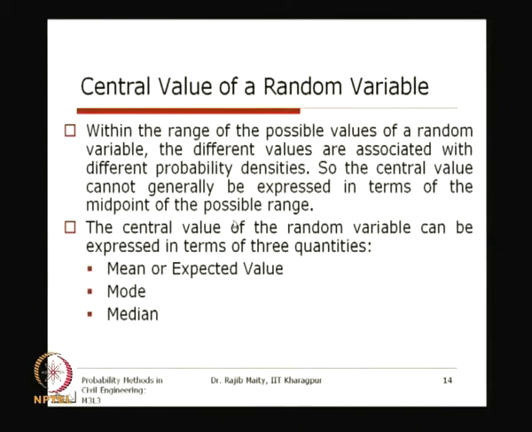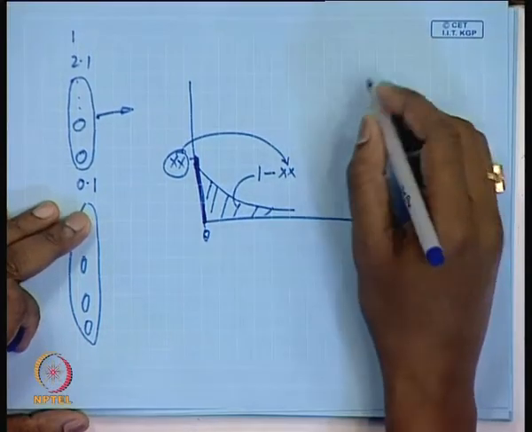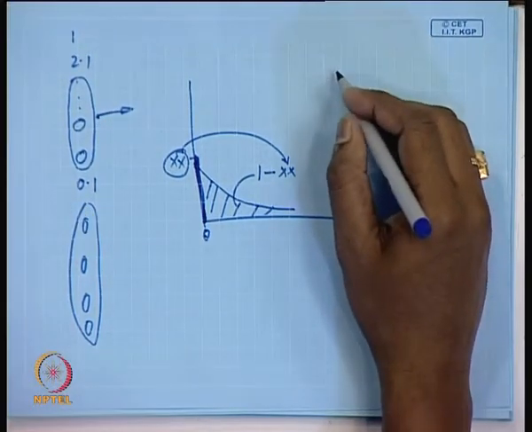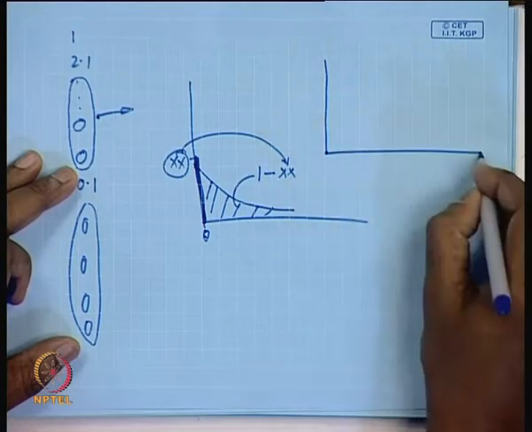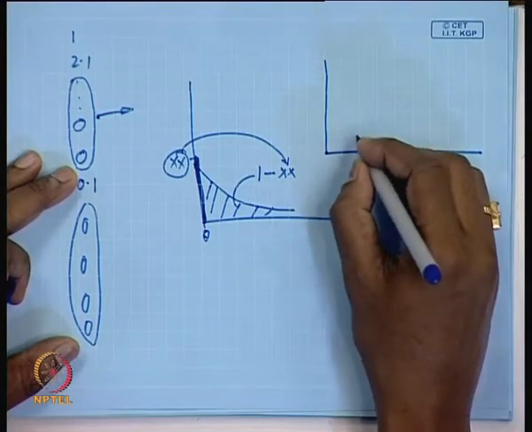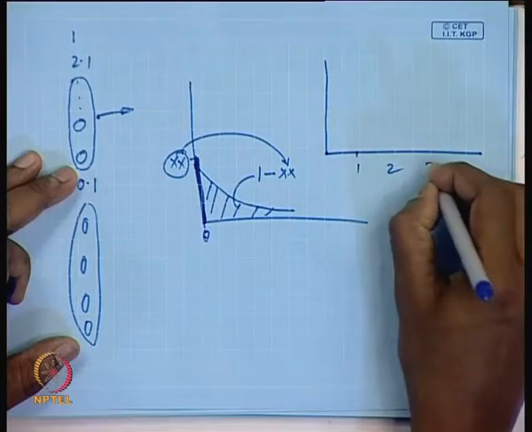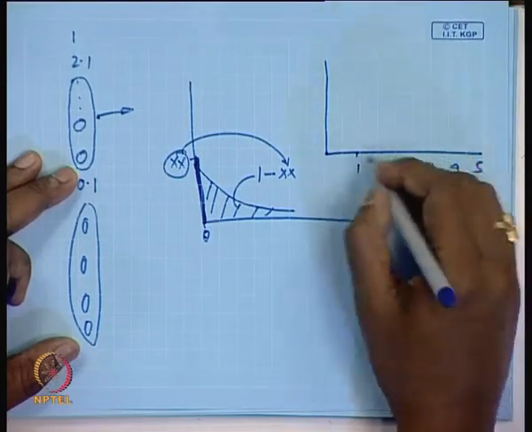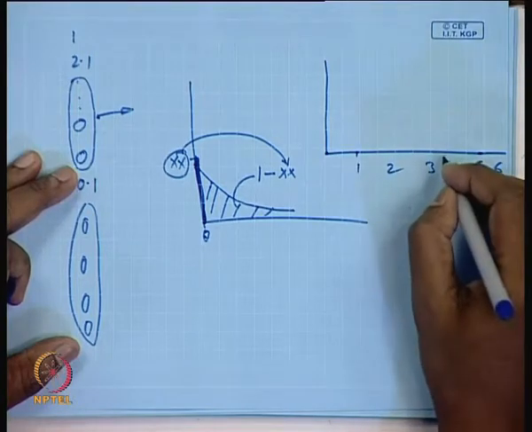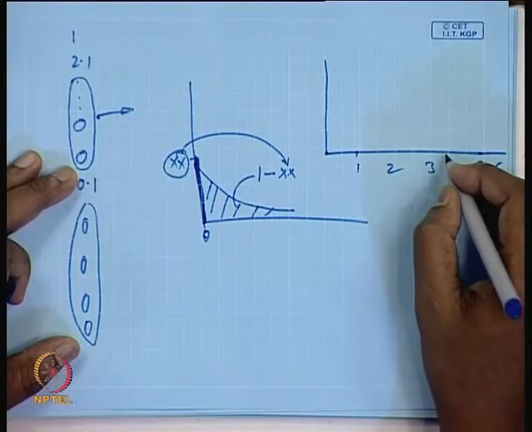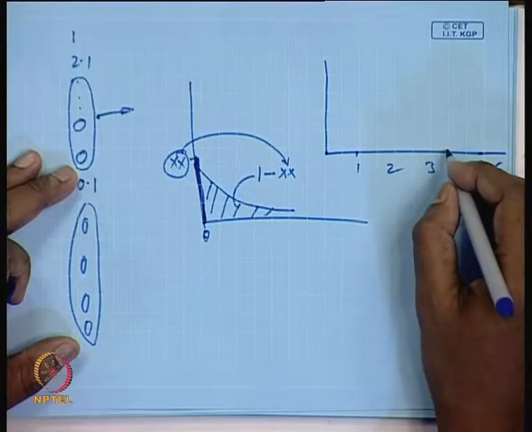Take the example of a discrete random variable, the dice: 1, 2, 3, 4, 5, 6. If all are equiprobable, the central tendency is 3.5.